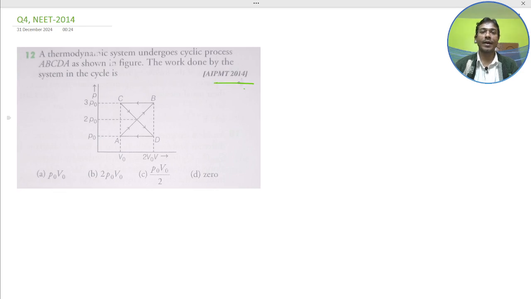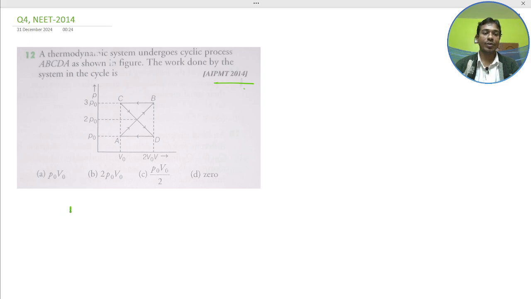This is coming in the 2014 NEET exam, saying that a thermodynamic system undergoes cyclic process A, B, C, D, A. You have to find the work done.